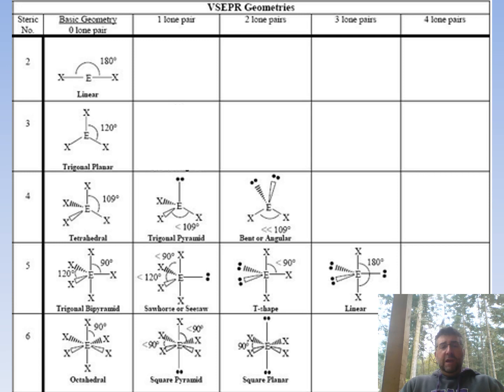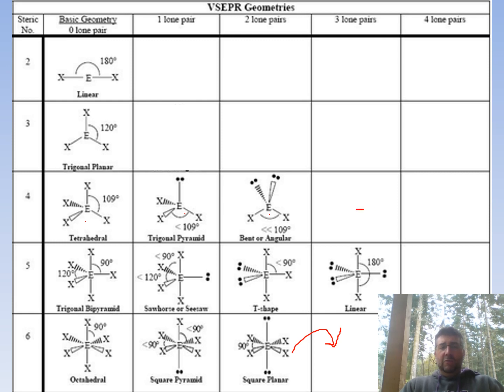Okay, so at this stage, we have created this part of our table. We can't go over to 3 lone pairs at steric number 6 because you can't go past the noble gas. So you're going to see a trend here, which is this is going across group 14, group 15, group 16.